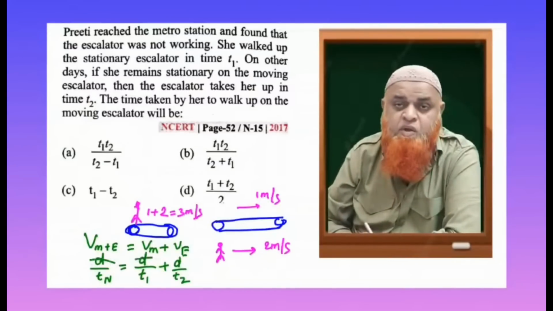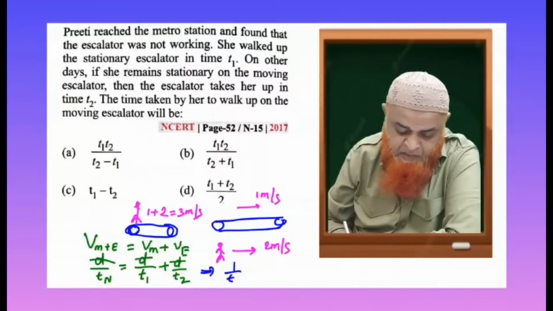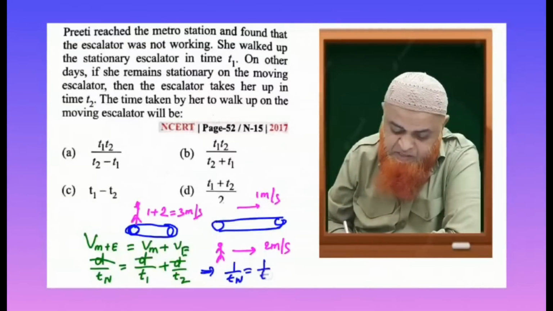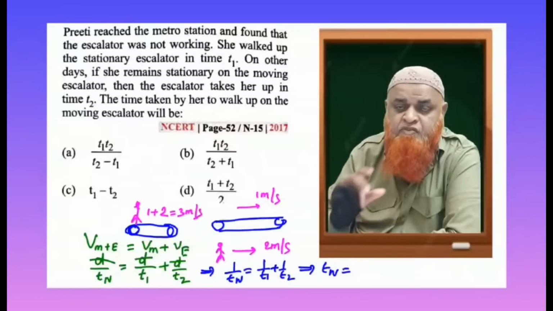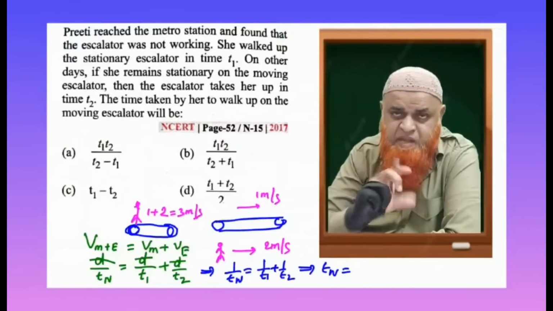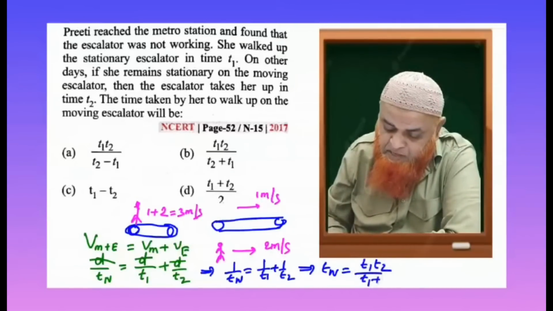If you cancel out this d in all the cases, then finally you will get 1 by tn is equal to 1 by t1 plus 1 by t2. This implies that if you take the LCM and make it reciprocal, tn is going to be t1 t2 by t1 plus t2.